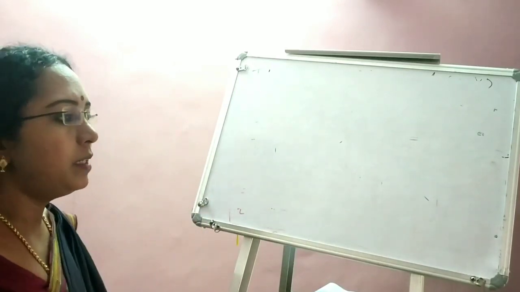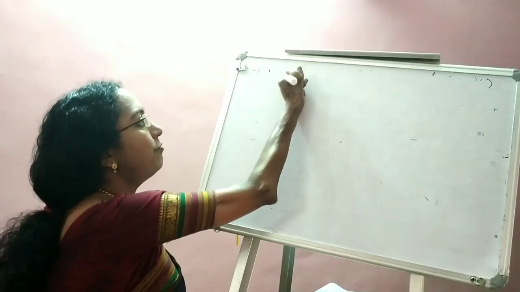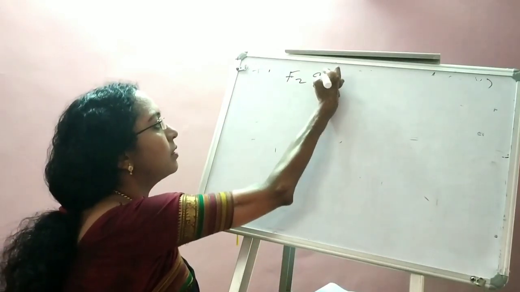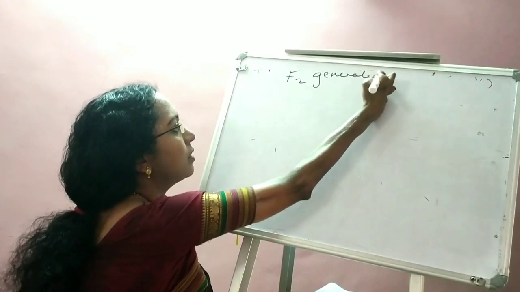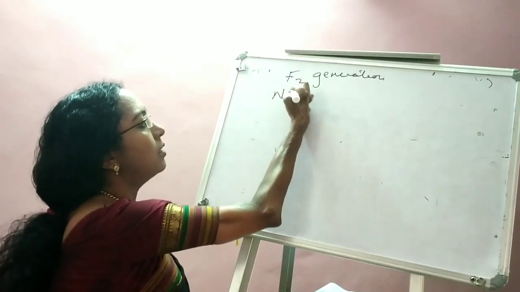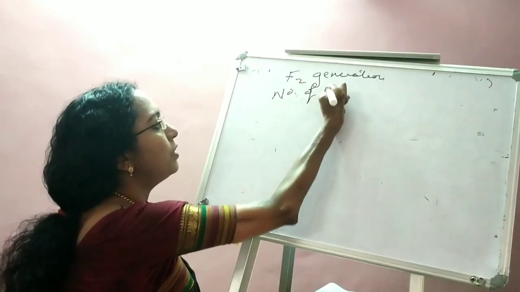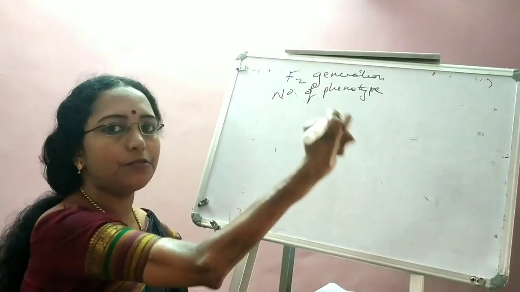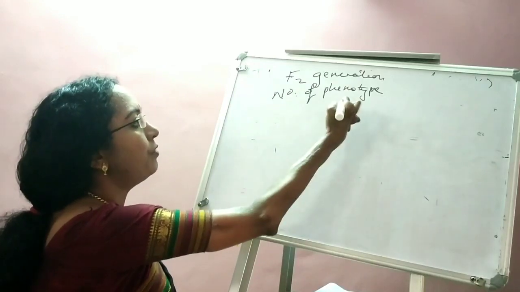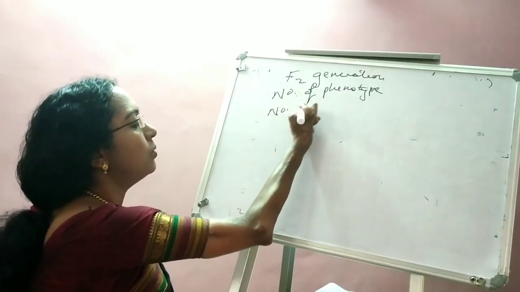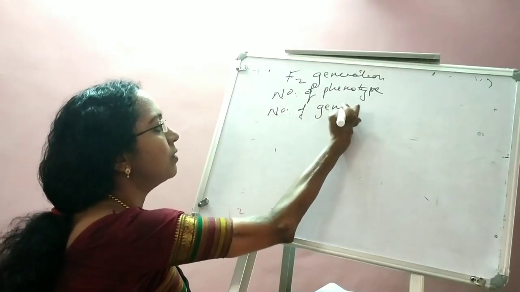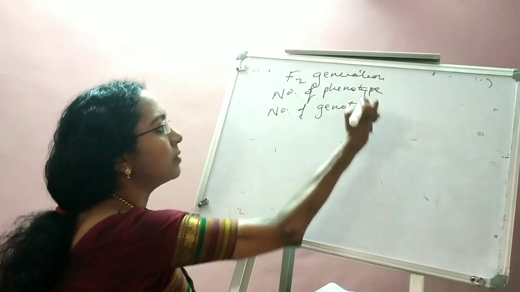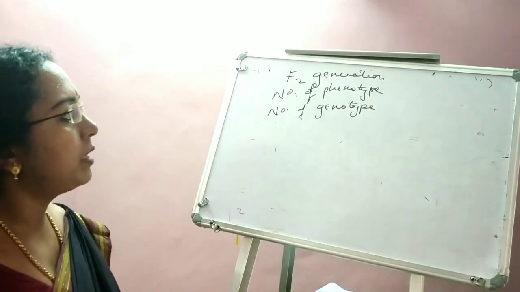Now, some other question can be asked, like in the F2 generation, what is the number of phenotypes, the different types of phenotypes you are getting, and also the number of genotypes. How will you make this out?